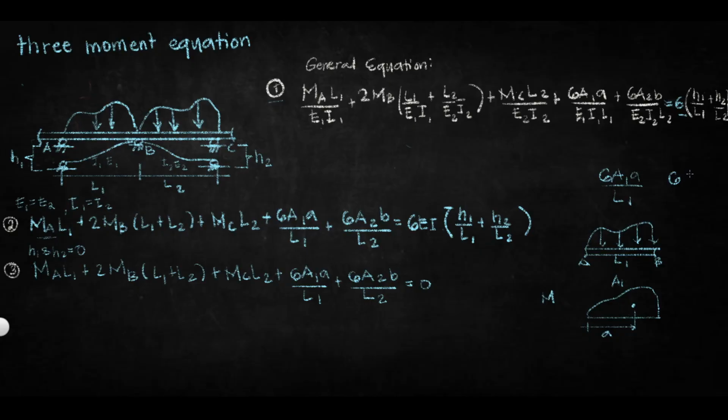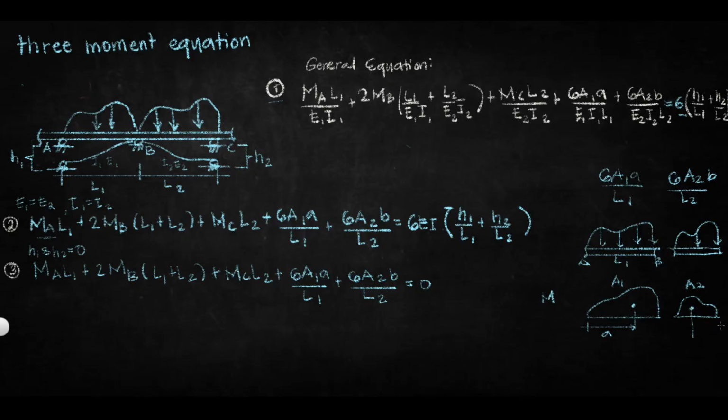So, pagkakaiba lang po ng sumunod na term natin, 6A2B, sinabi, all over L2. Let's say, meron pang yung second span natin dito. We have here the second span, the right span. Of course, parehas sila, magkakaroon sila ng area. Okay, let's say A2 too. And then, ito yung centroid niya.